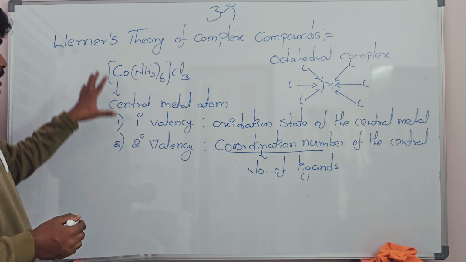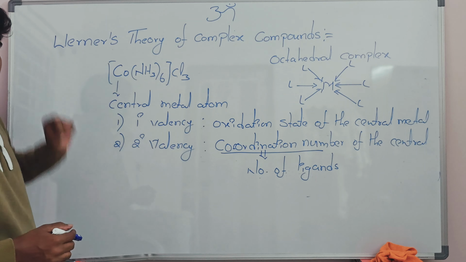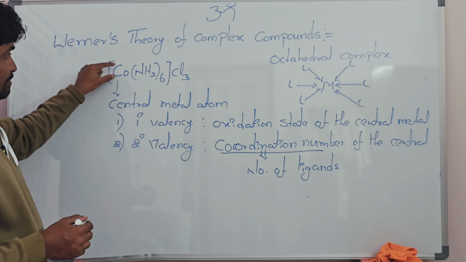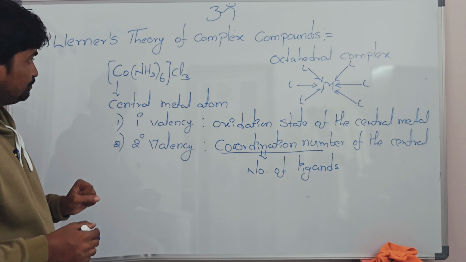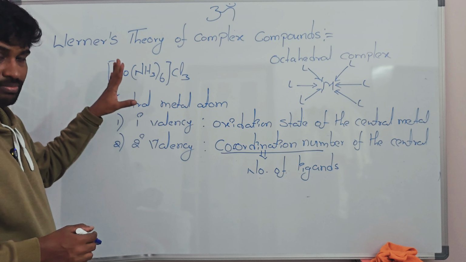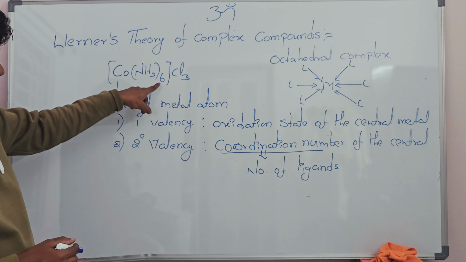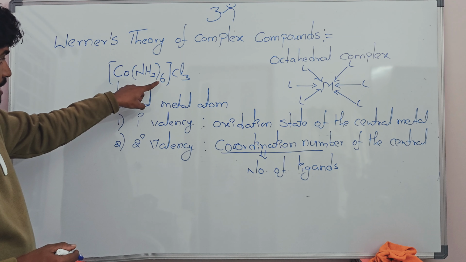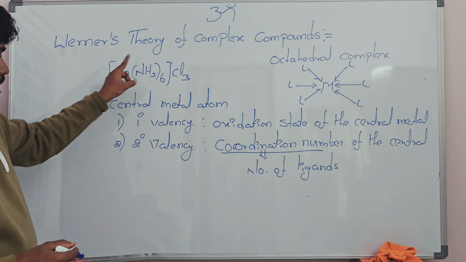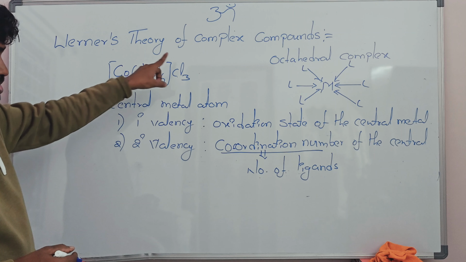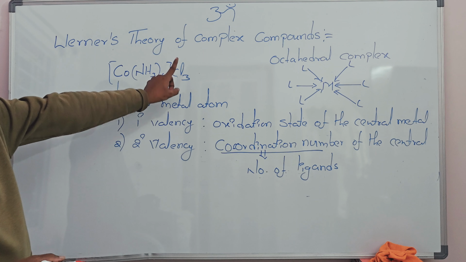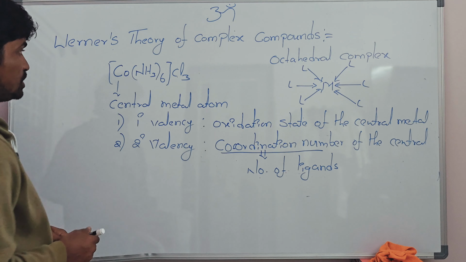So here, based on this complex, what is the metal oxidation state and what is the primary valency? Oxidation state is nothing but primary valency. What is the secondary valency? Secondary valency is 6, and primary valency depends upon the ionic sphere, that is, what ions are present in the ionic sphere.